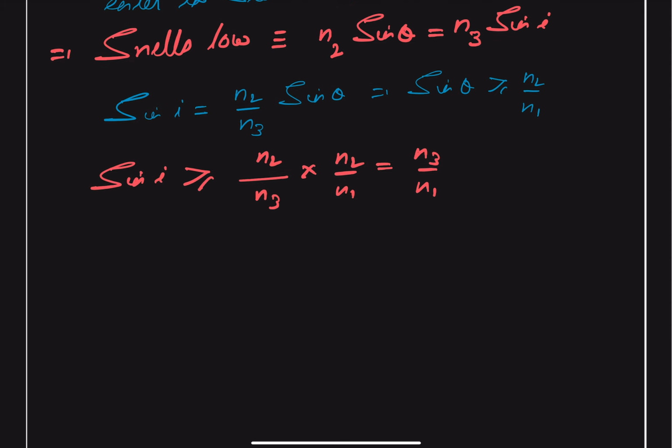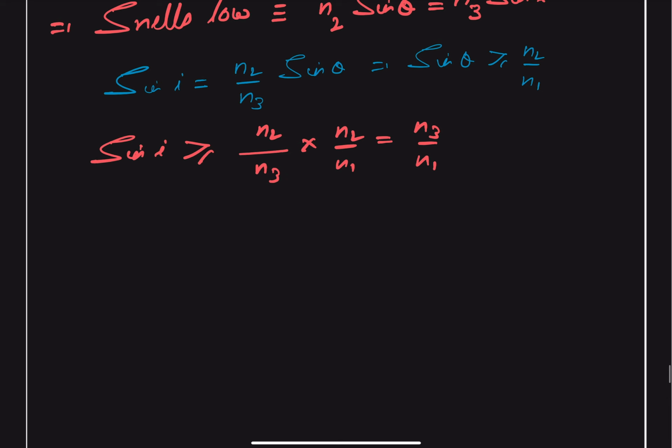So sine of I is greater than or equal to n3 upon n1, and this tells us that incident angle I should be greater than sine inverse of n3 upon n1.